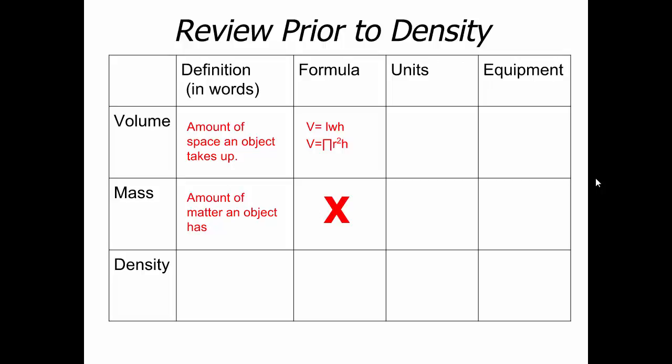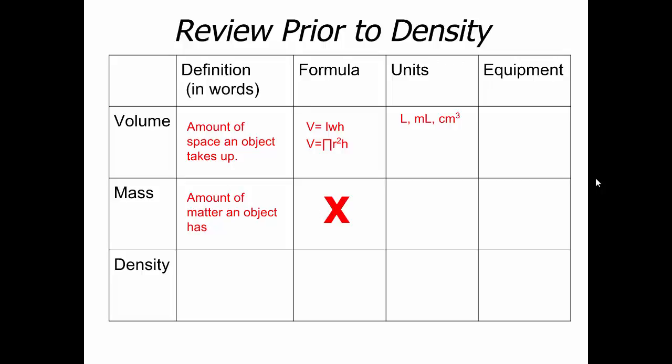Meters cubed. Millimeters cubed. How about as we measure liquids? What units? Milliliters or liters. So the units we typically use were liters, milliliters, and cubic centimeters. Do we ever cube milliliters? No.